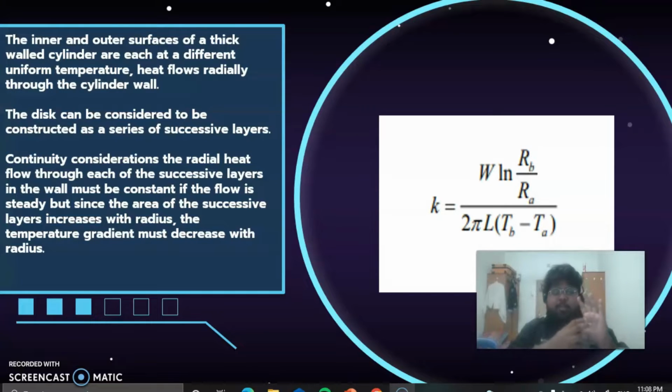Since the heat source is in the middle, for example this pan, and there are consistent layers around it, the heat transfer rate to each layer is lesser and decreases as the radius increases. This is what we mean by radial conduction.